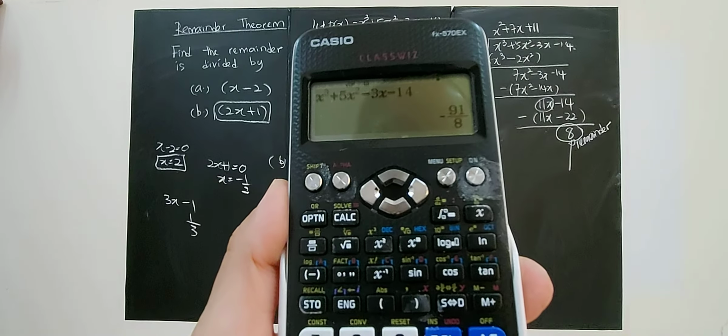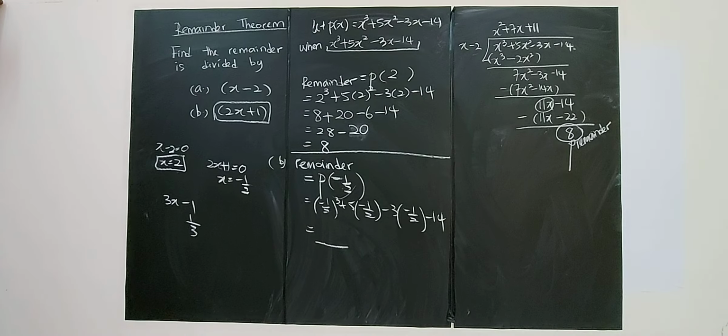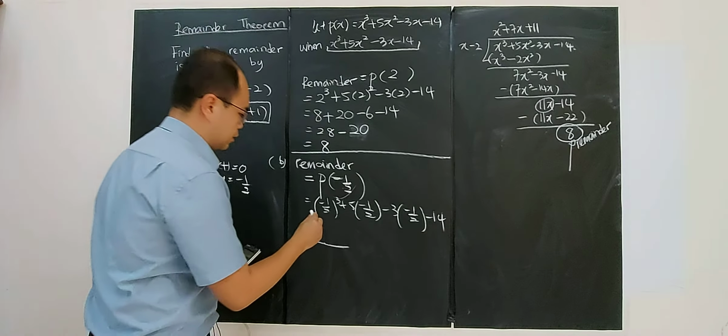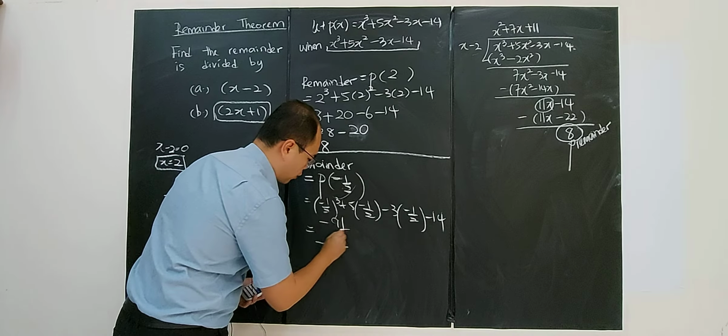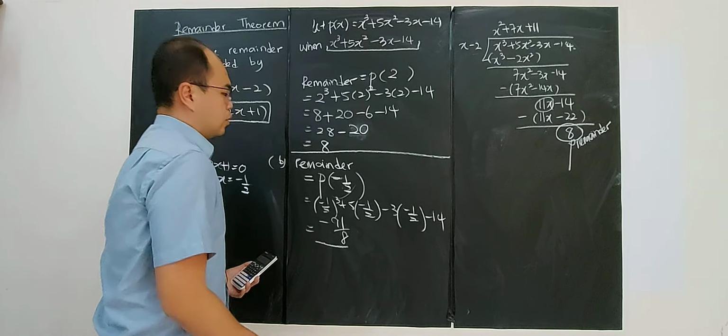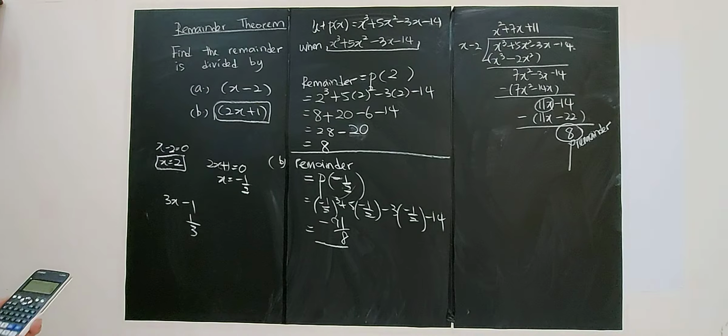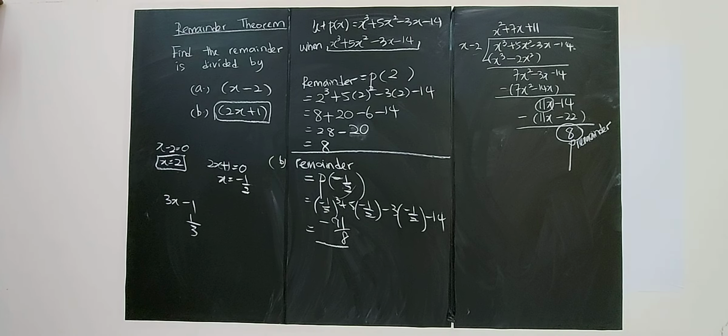You will have negative 91 over 8. This will be your remainder when you divide by 2x plus 1. As easy as this. This is the benefit of applying the remainder theorem.